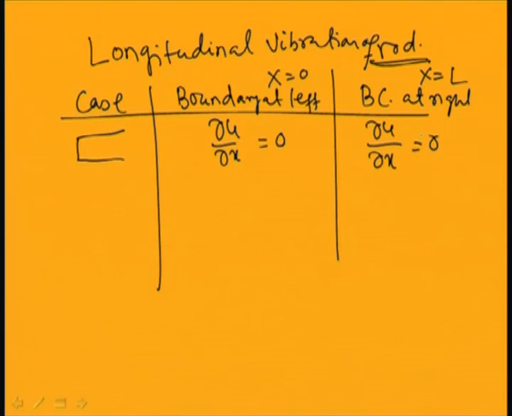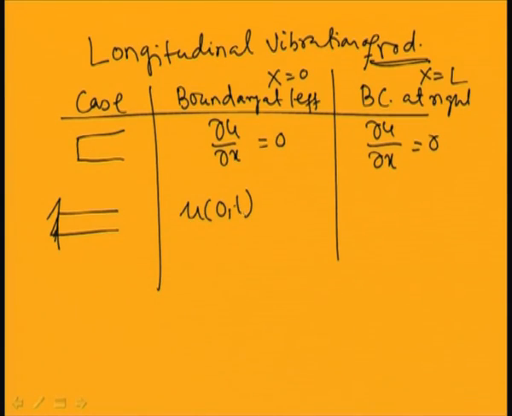Let us take the case when it is fixed. If the end condition is fixed, then the displacement at this end will be equal to 0. So the longitudinal displacement at the end will be equal to 0, that means u(0,t), u at position x equal to 0 for any time t, will be equal to 0.